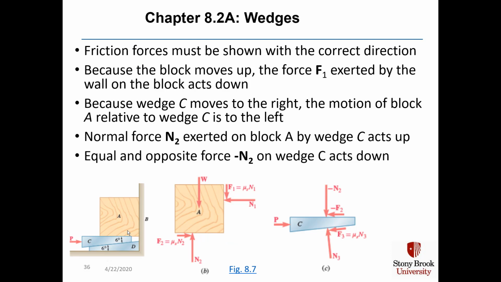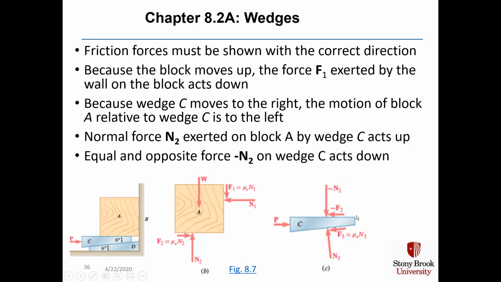And because the block moves up, force F1 exerted by the wall on the block acts down. And because the wedge C moves to the right, the motion of block A relative to C would be to the left. Then the normal force N2 exerted on block A by wedge C acts up, equal and opposite force minus N2 on wedge C acts downward.